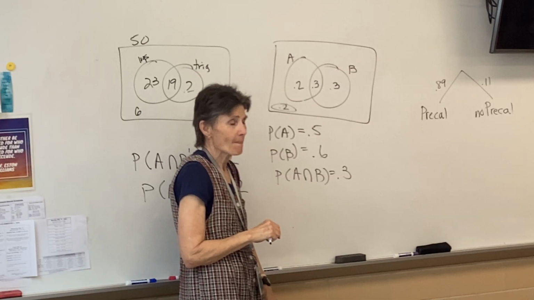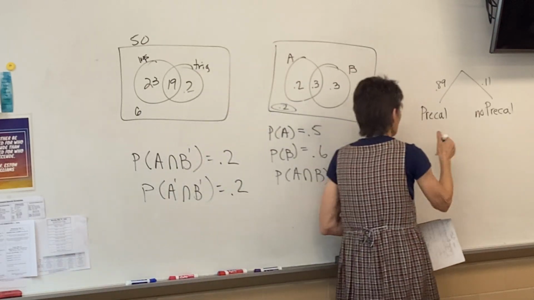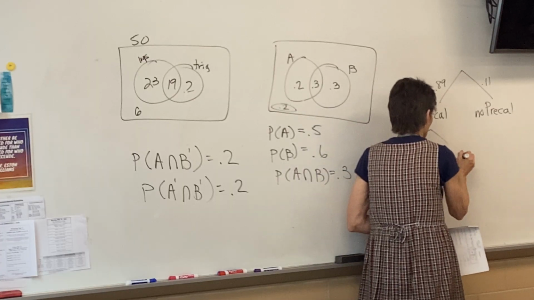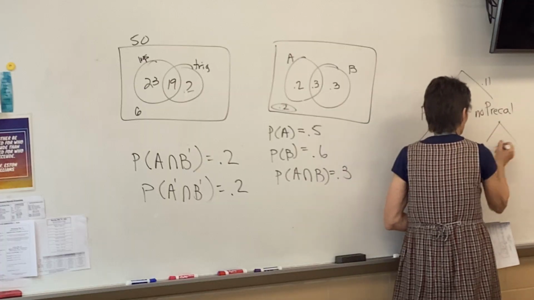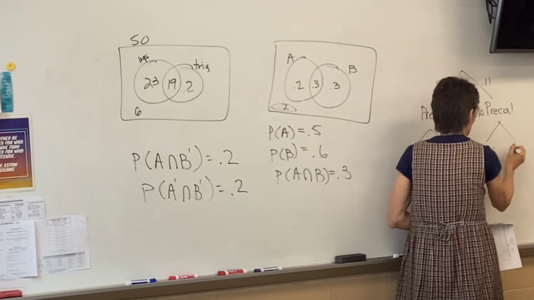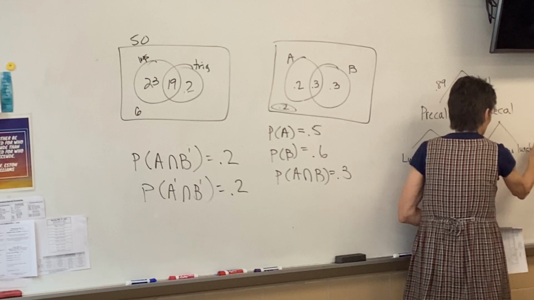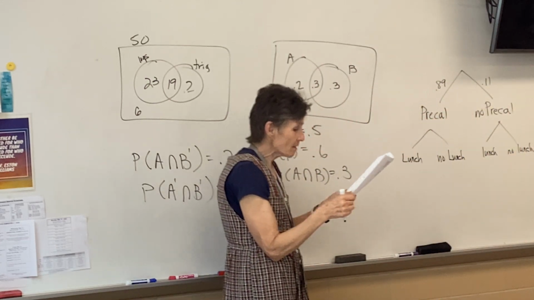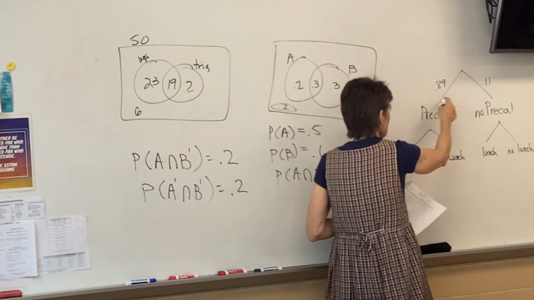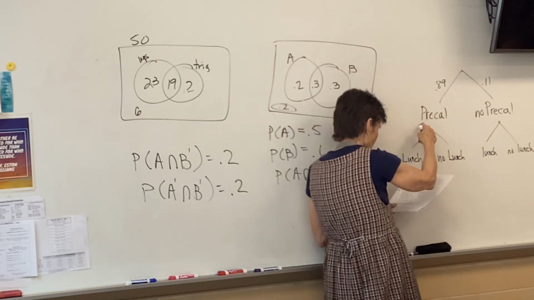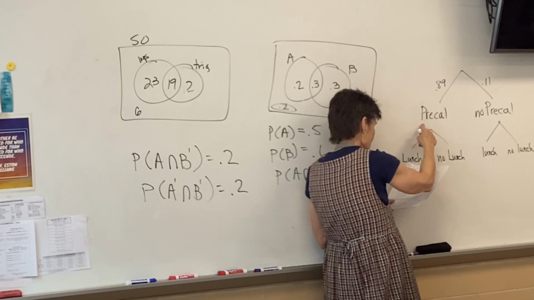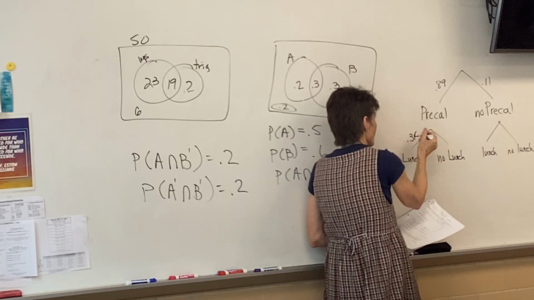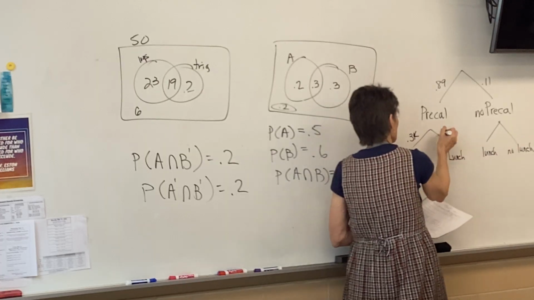Got it? Now, once we determine that, we're either going to buy lunch or we're not going to buy lunch. If he takes pre-cal, the probability he buys lunch is 0.34. So the probability he doesn't is 0.66.